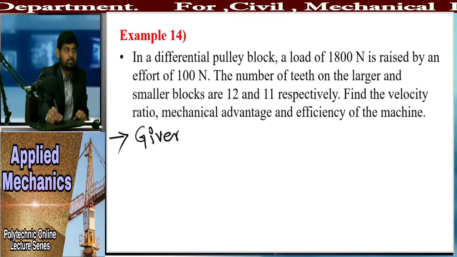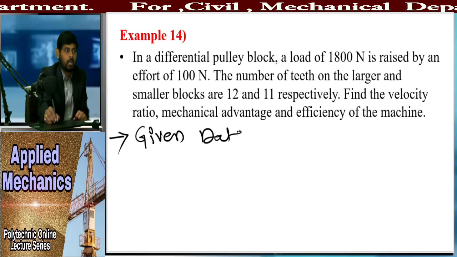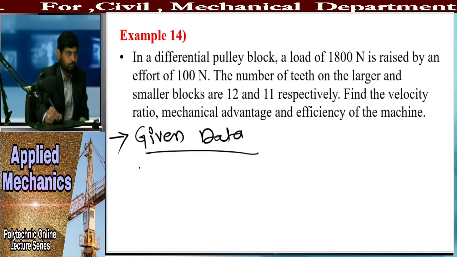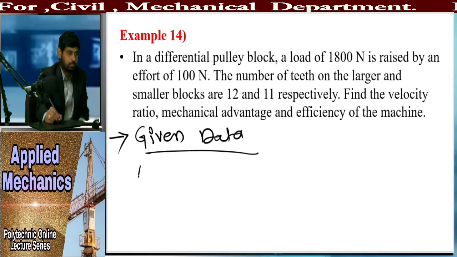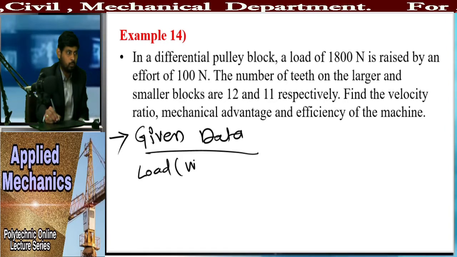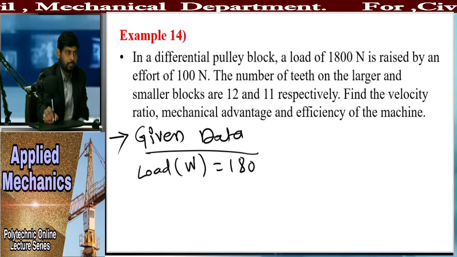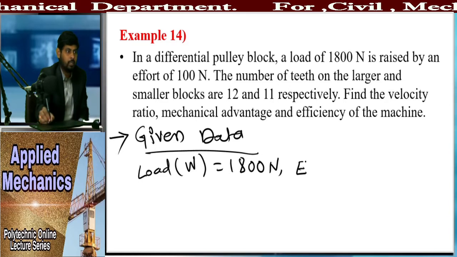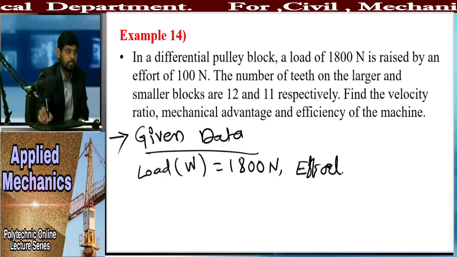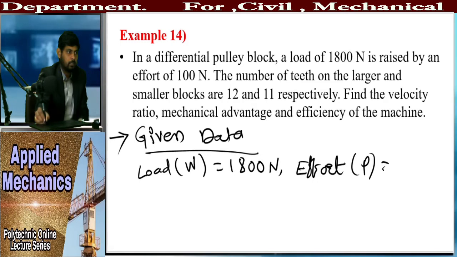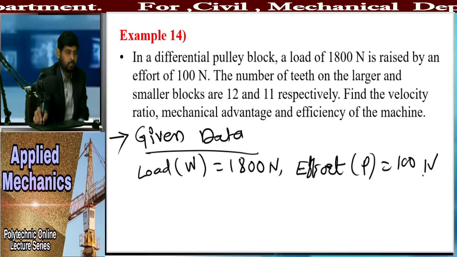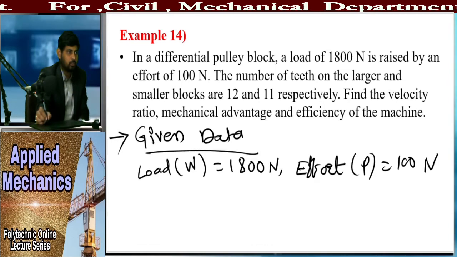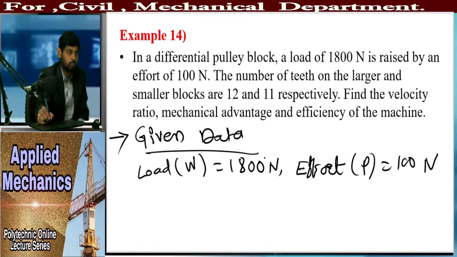So first thing we have to do is write the given data. What is the given data? Load is given to us, that is load W is equal to 1800 Newton. After that, effort is also given. Effort P is 100 Newton. After that, what is given? The number of teeth on the larger and smaller blocks.